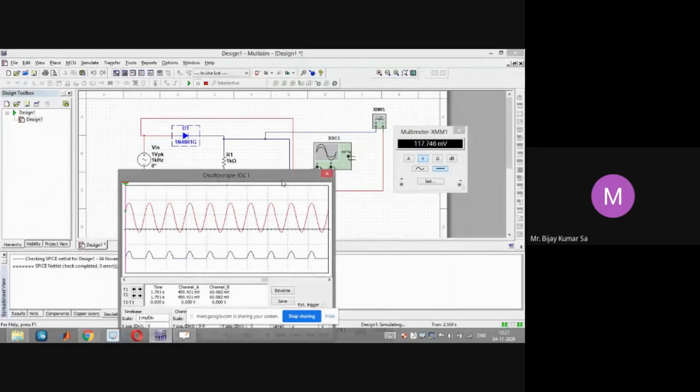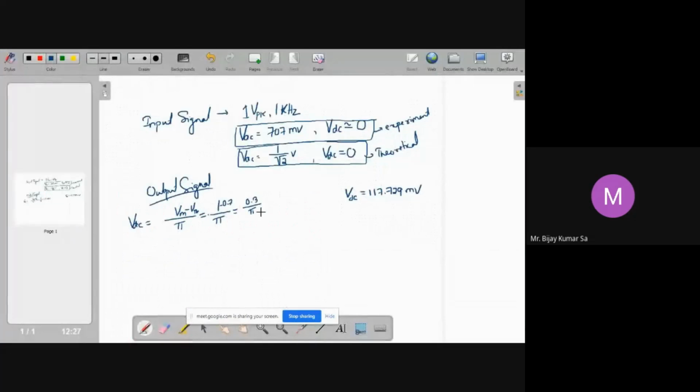It is coming 0.09, 0.0954 something, like that. So this much volt.